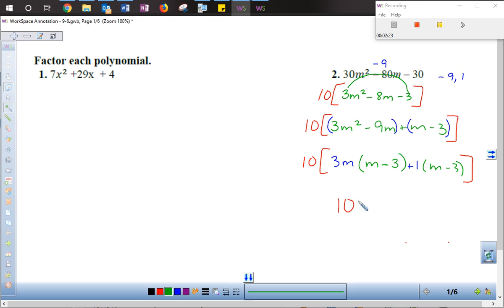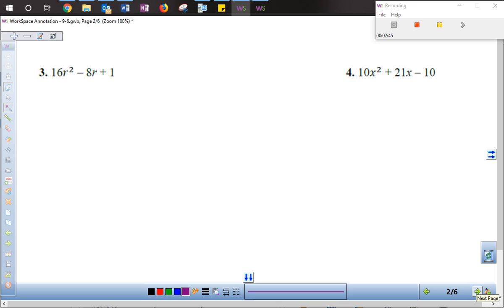The binomials that I have in common are m minus 3, and I'm left with 3m plus 1. So 30m squared minus 80m minus 30 factors into 10 times the quantity of m minus 3 times the quantity of 3m plus 1.